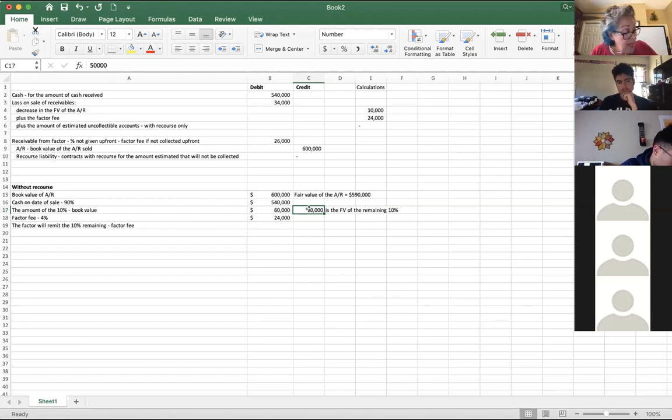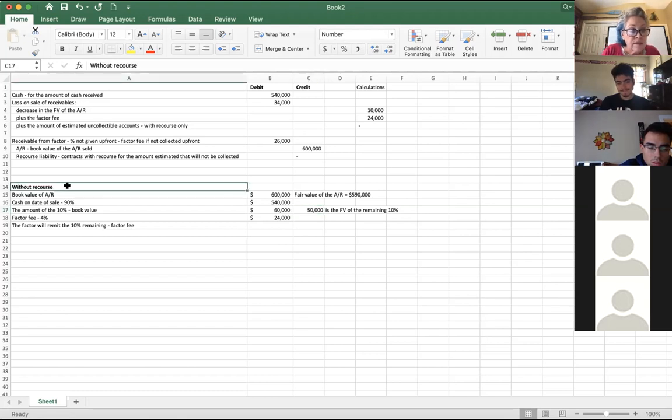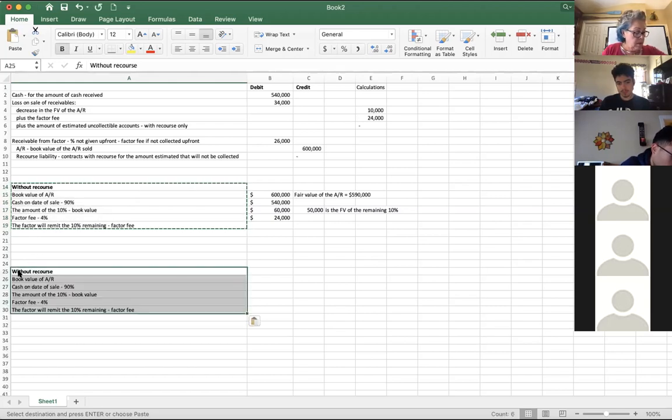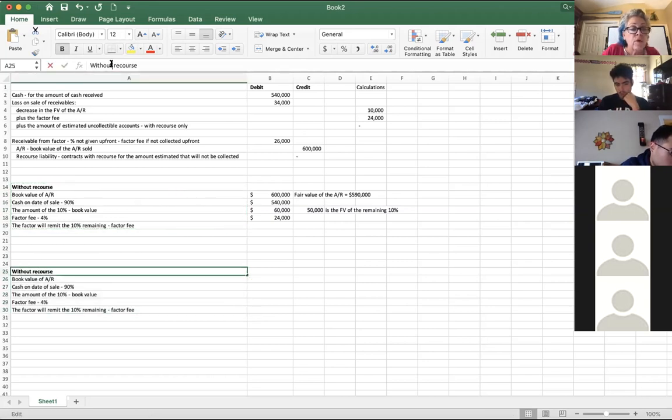Okay. Now take a look at the illustration below it. It's kind of the same facts, but this one is going to be with recourse.